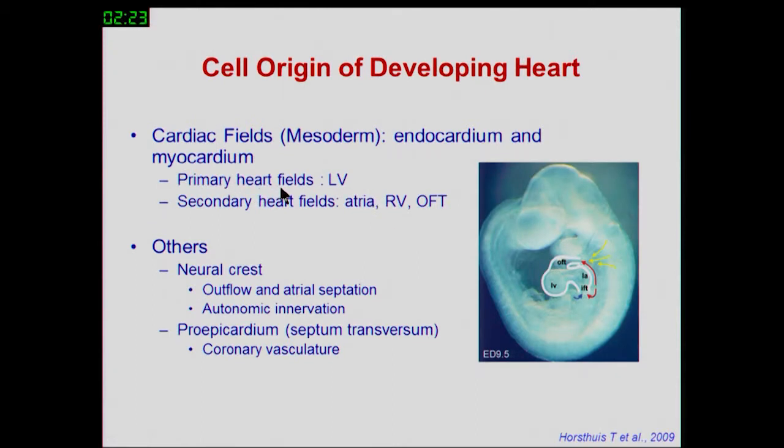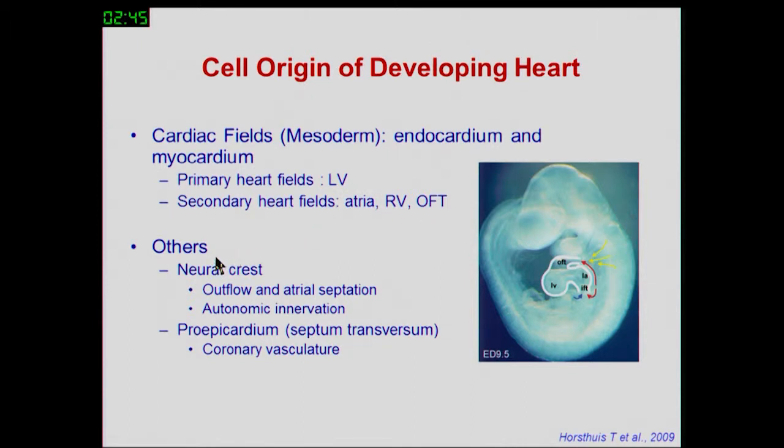The primary heart field gives rise mainly to the left ventricle in the formed heart, whereas the cells from the second heart field contribute to the atria, right ventricle, outflow tract, and systemic and pulmonary veins.